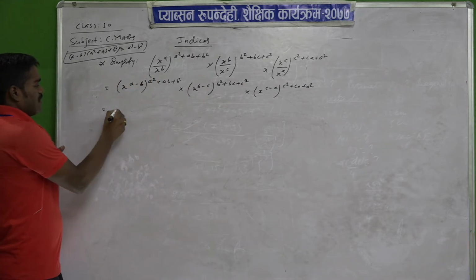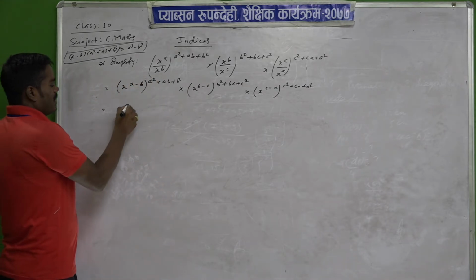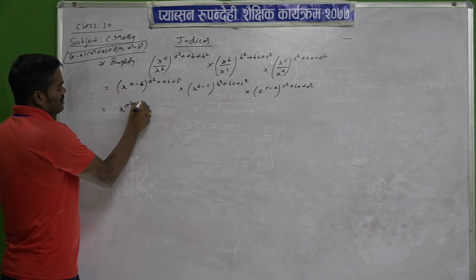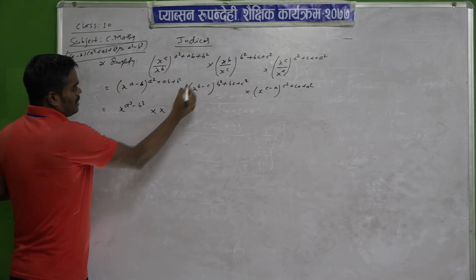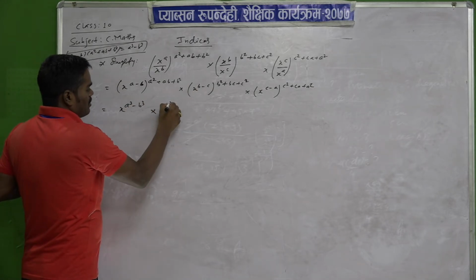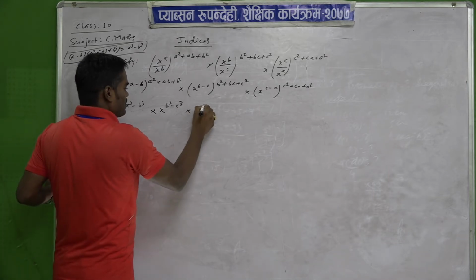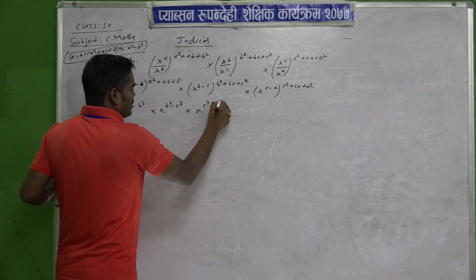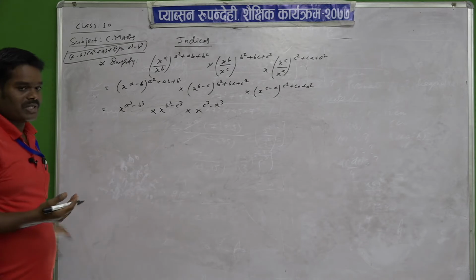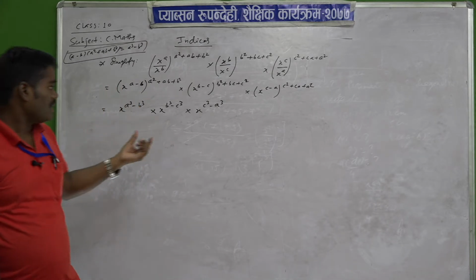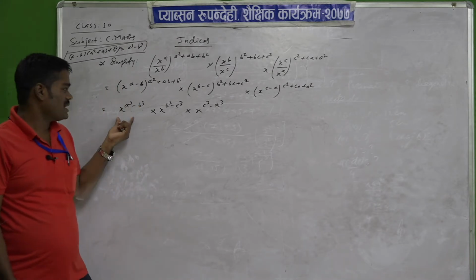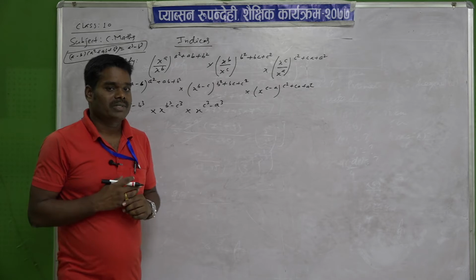So here we can write x power a cube minus b cube into x power b cube minus c cube, and then x power c cube minus a cube. And you know that we have studied the product law. What is the product law? If bases are same then powers are added.